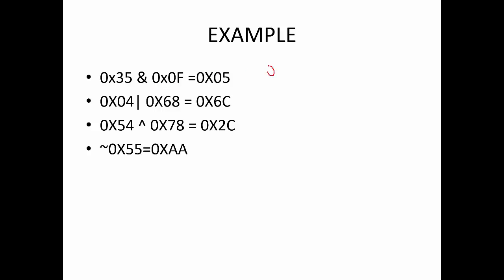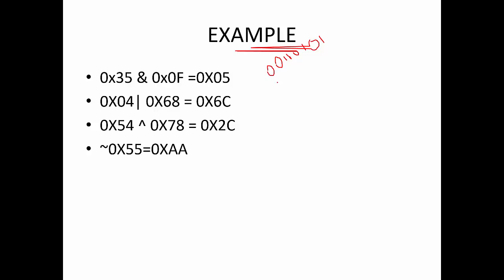So 35 is indicated as 0, 0, 1, 1. This is 3. And 5 is 0, 1, 0, 1. So this is 0x35.